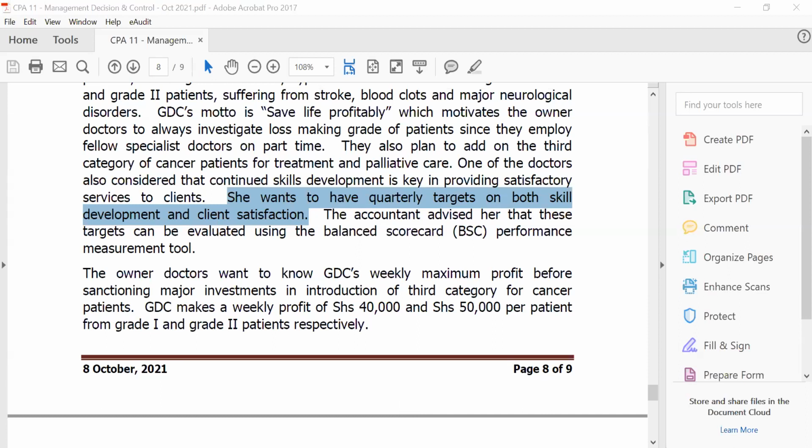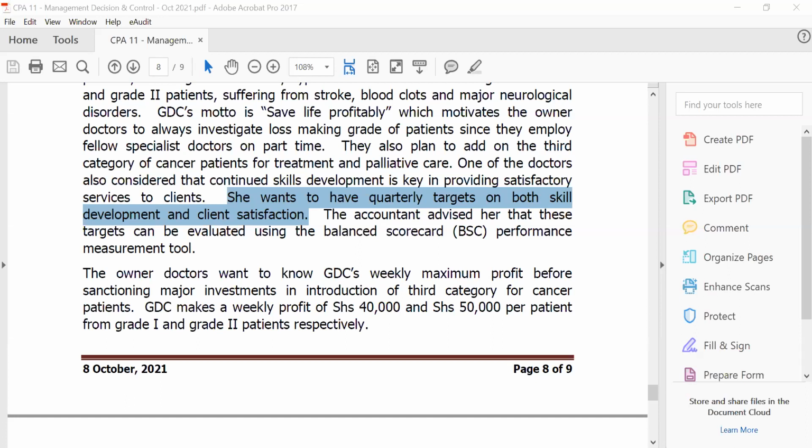So given that perspective, you can respond to this. Basically explain the tool and then provide an evaluation on each of the outcomes. Speak about innovation and growth, the financial performance, the internal business process, and then finally the financial.